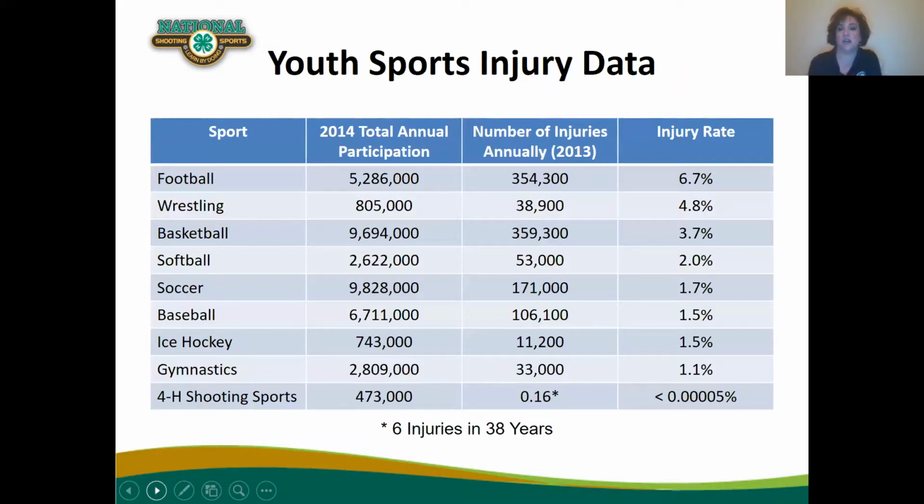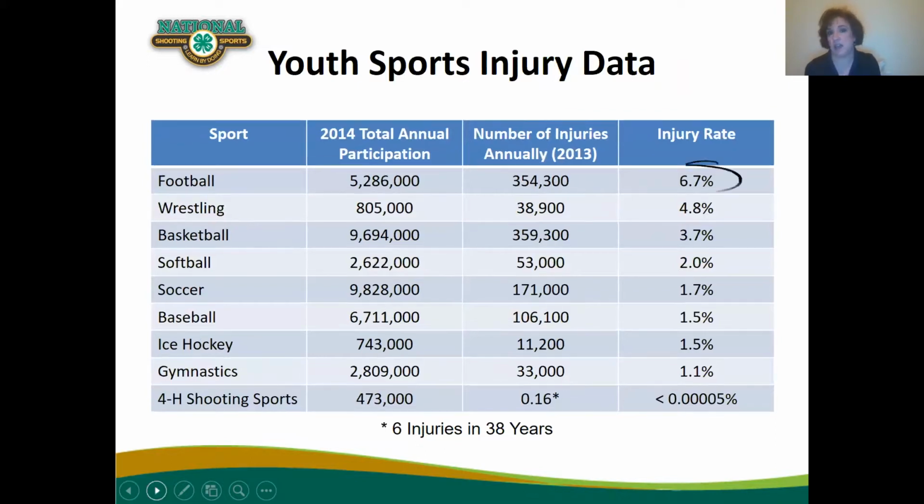So you'll see the sport in the first column, the annual participation numbers in the second column, the number of injuries in the third column, and then the injury rate expressed as a percentage in the fourth column. The injury rates are obtained by dividing the number of injuries by the total number of participations.